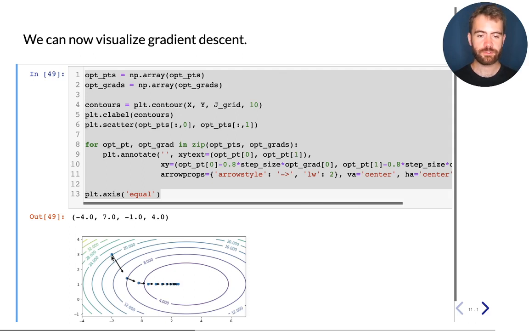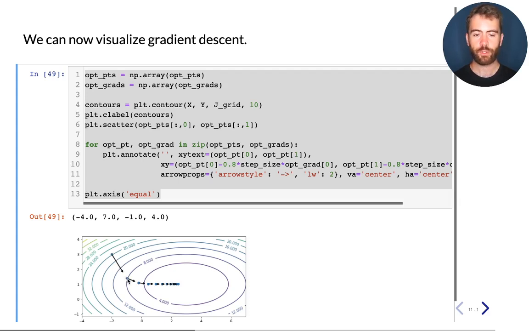So I initially started at this point here, which is somewhere around minus 2 and 3, and this is one of the points that we had in our earlier slide. And you can see here the gradient at this point. And now, starting at this point, I have computed this vector, which is minus the gradient, and then I have taken a certain step along this direction, which brings me to this point here.